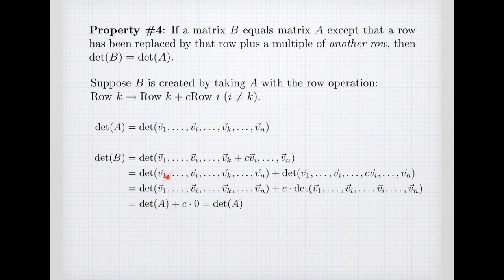Okay, this first entire determinant, well, that's our original determinant of A. So we have the determinant of A first. And the second determinant has this constant multiple. We pull it out, so that's using our other rule. We pull it out, and now notice what we have. The k and ith rows are the same. And so the determinant there has to be 0. So the determinants of B and A are the same. And that's pretty cool.